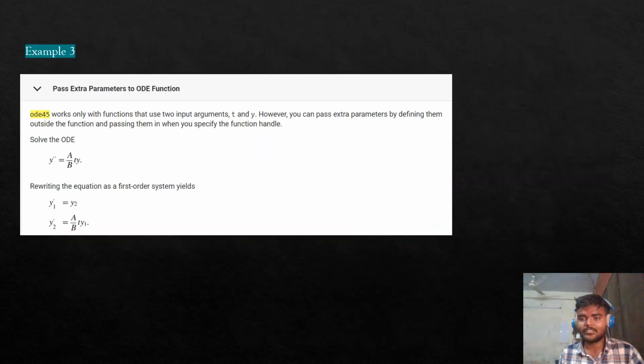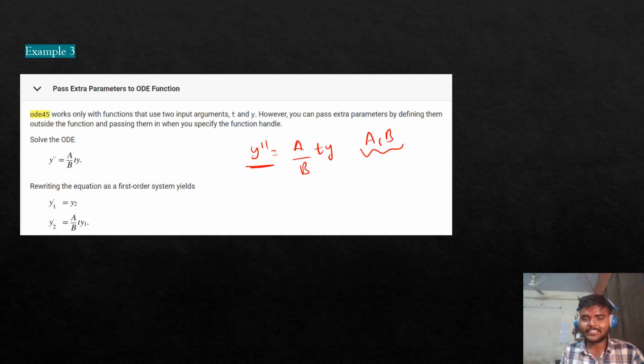Here also you can see how we can write this. Let's suppose this is one differential equation, a b t y, where a and b are some constant values. This is the double differential equation.